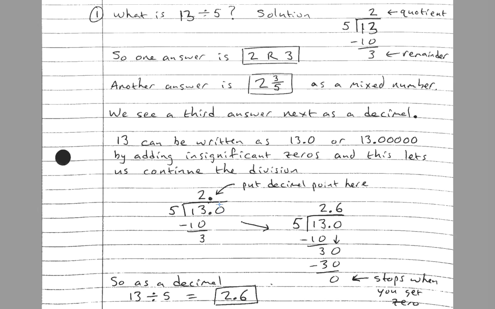For the answer, 5 goes into 13 2 times, so the 2 goes above the 3. And this decimal point lines up with the decimal point in the 13.